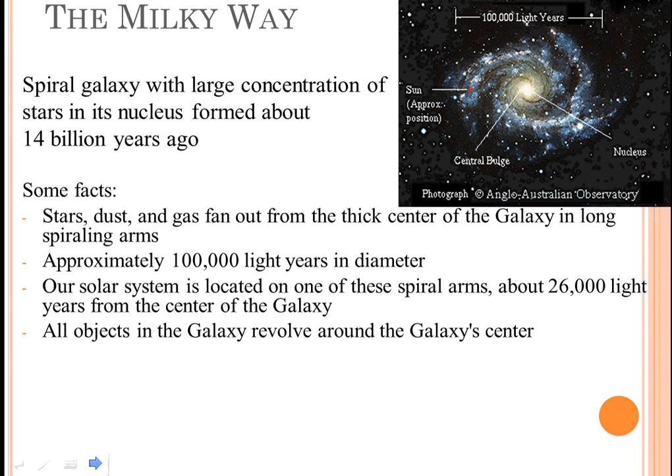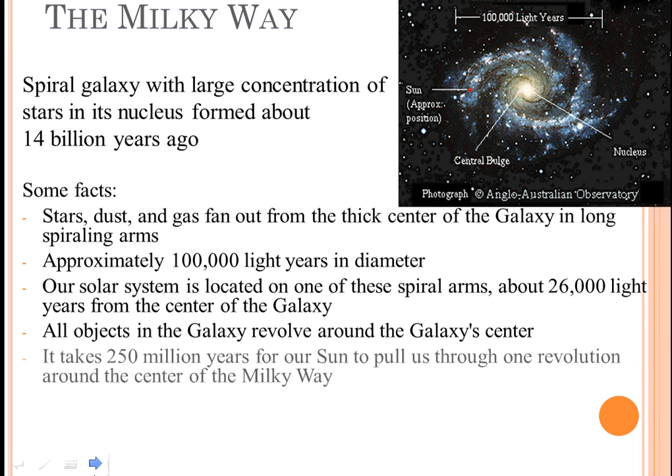While we think we're rotating around the sun, all of the objects in the galaxy are actually revolving around the galaxy center as well. So we are also rotating around in the galaxy. It's estimated to take 250 million years for our sun to go through one revolution around the center of the Milky Way.